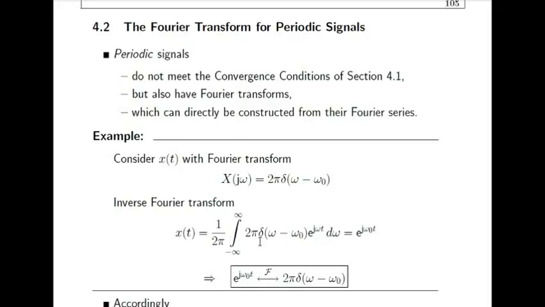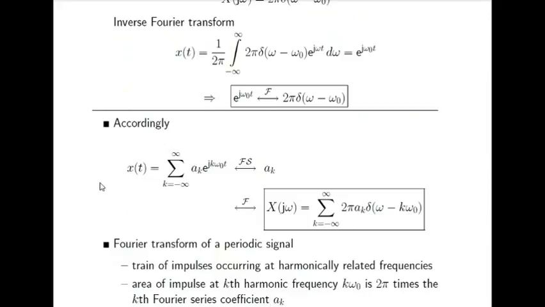The delta function is valid for omega equal to omega naught. First I can take out 2 pi, which cancels. Then at omega equal to omega naught, the delta is 1, and it will be e to the power j omega naught t, which is the inverse Fourier transform. So e to the power j omega naught t is a periodic signal whose Fourier transform is 2 pi delta(omega minus omega naught).